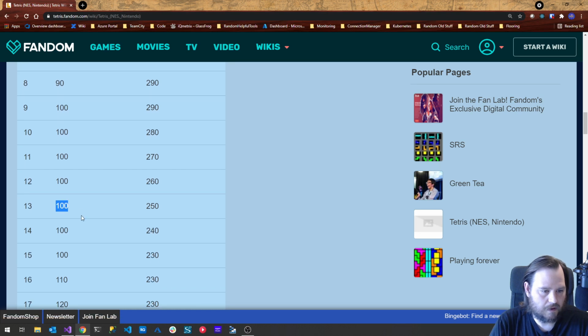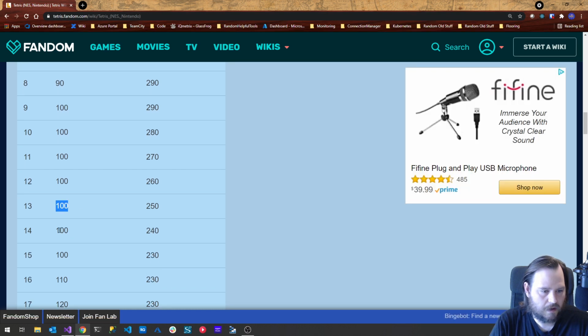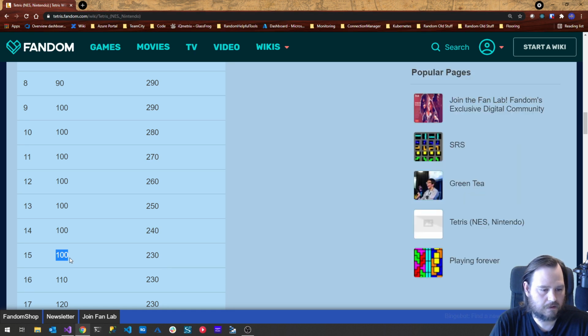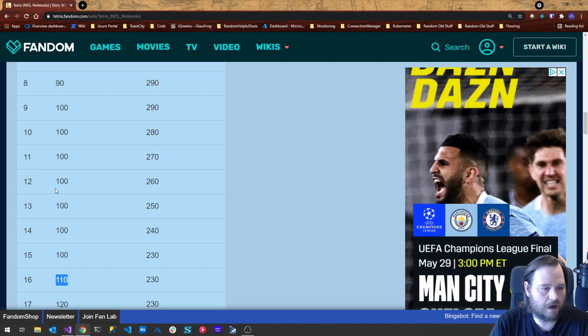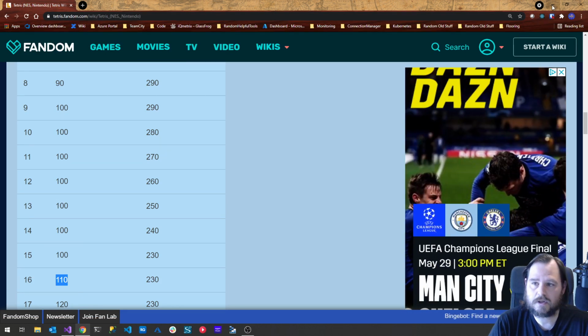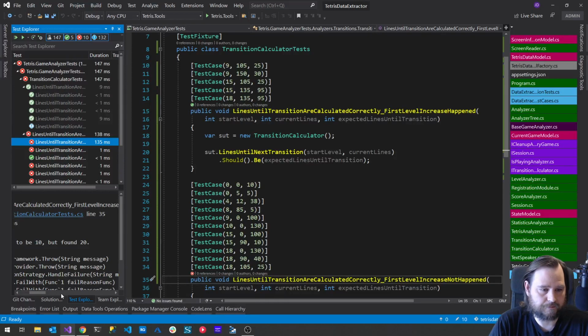It's 130, 140, 150. You've just hit level 15. So it should be 10. If you started on 9 and you were at 150 lines, you should get a speed increase in 10.